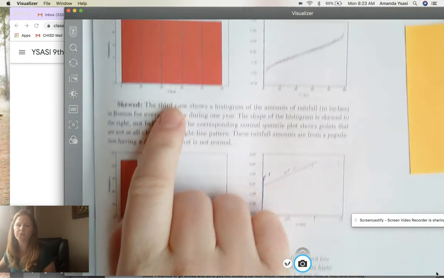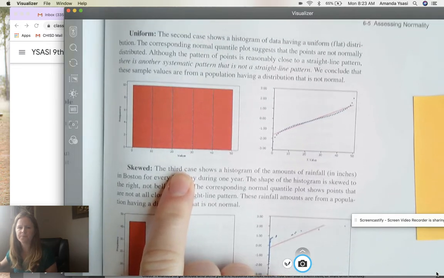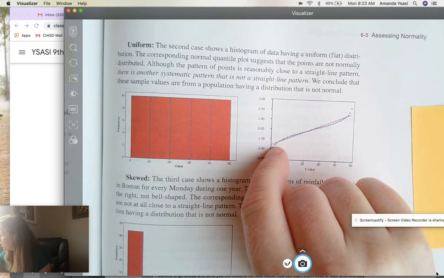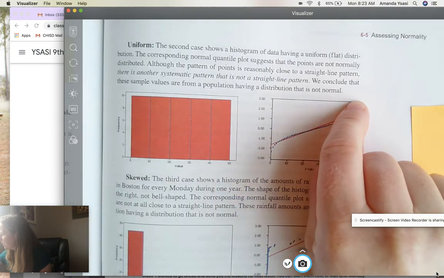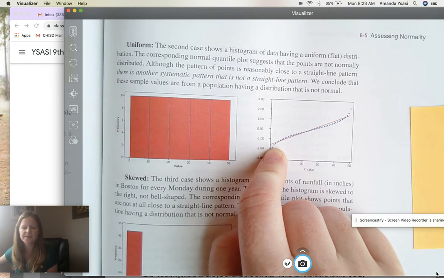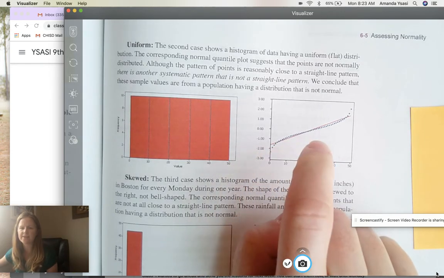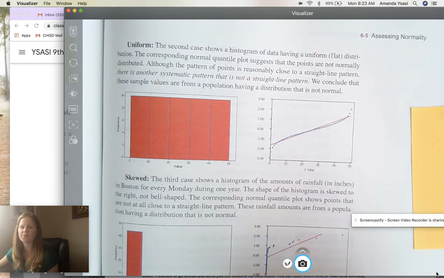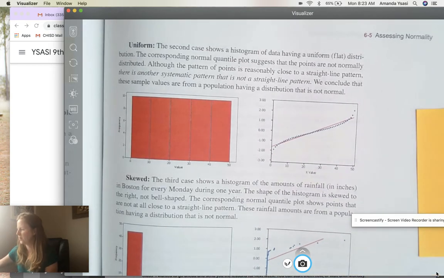This is a uniform distribution. And see how this QQ plot kind of does a little wave here? It's not straight. There is a systematic pattern, but it's not straight. So that tells us that this is not normal. We conclude that these sample values are from a population having a distribution that is not normal. That is our summary, our conclusion.